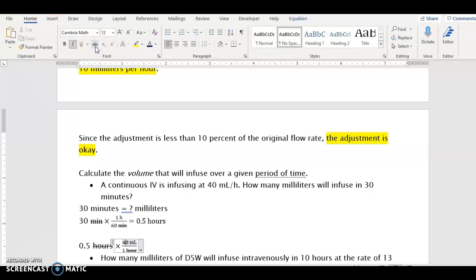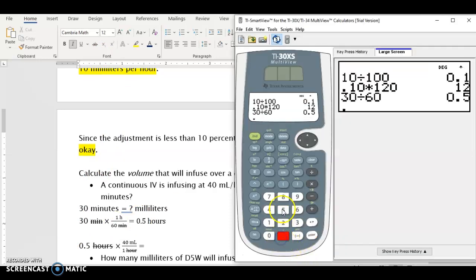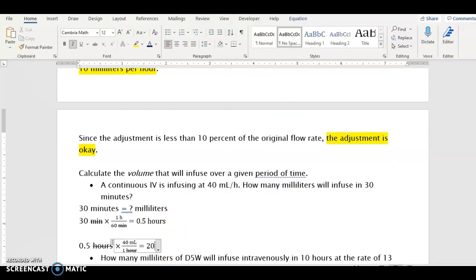So it's the amount of the solution that's going to infuse over 30 minutes. 0.5 times 40 on your calculator is equal to 20. So over half an hour, 20 milliliters of the solution will infuse. So the answer is 20 milliliters.